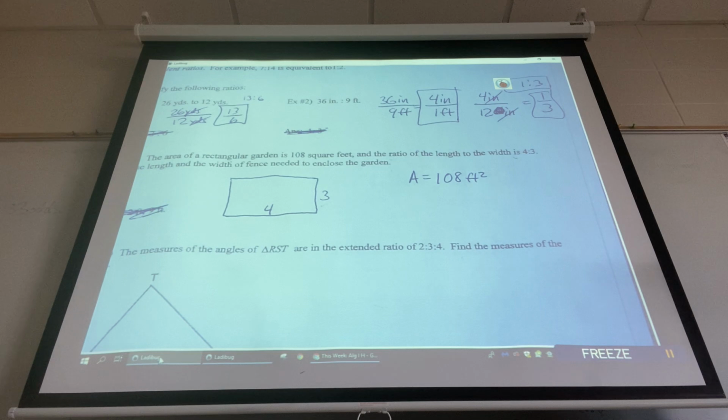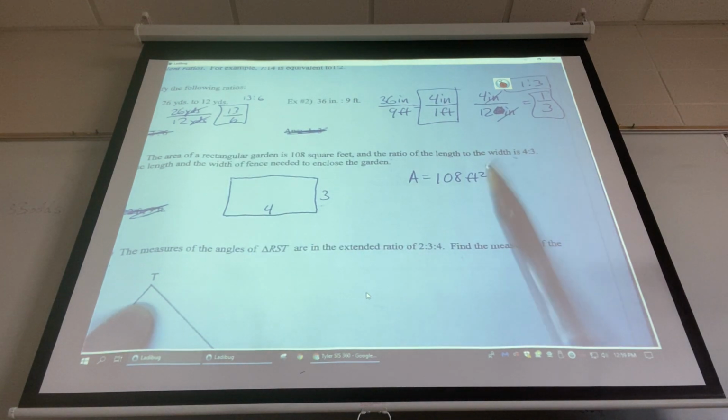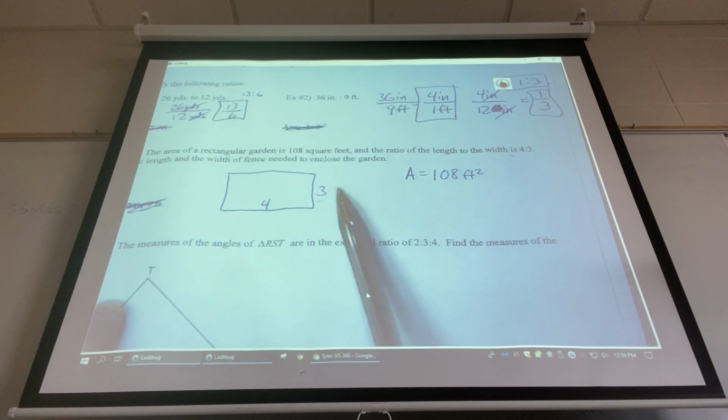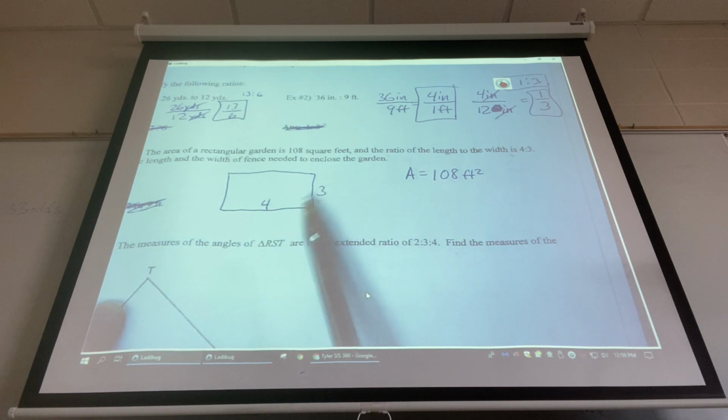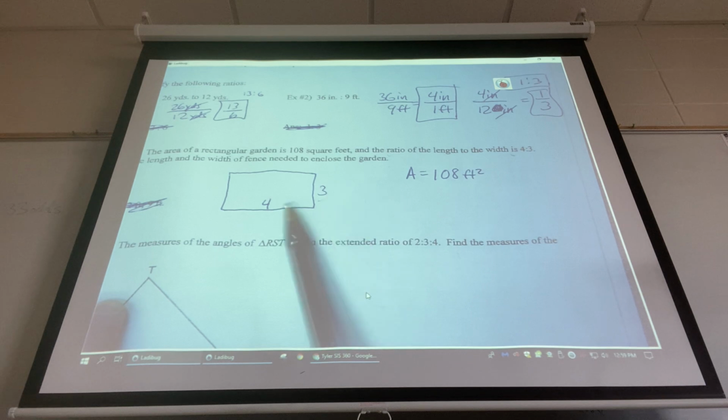Okay, so I heard a little bit of discussion. I can't find my calculator, but I think I heard Brandon say, and you can correct me if I'm wrong, Brandon, well, 4 times 3 is 12, which normally length times width would get you the area.